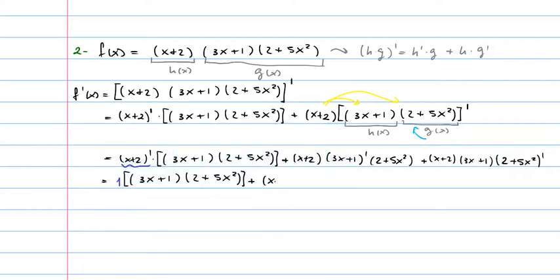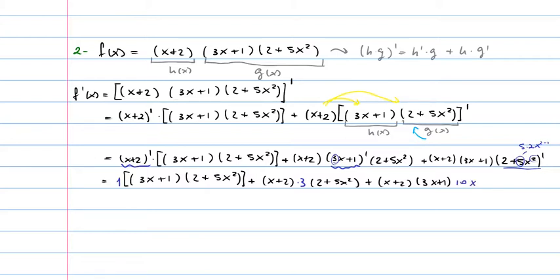And then we have plus x plus 2 times the derivative of 3x plus 1, which is the constant 3, times this other function, 2 plus 5x squared, plus, and again we have these two functions, and again we know how to differentiate this. We have a power here and a 5, so this is going to be 5 times 2x to the 2 minus 1, and that is just 10x.